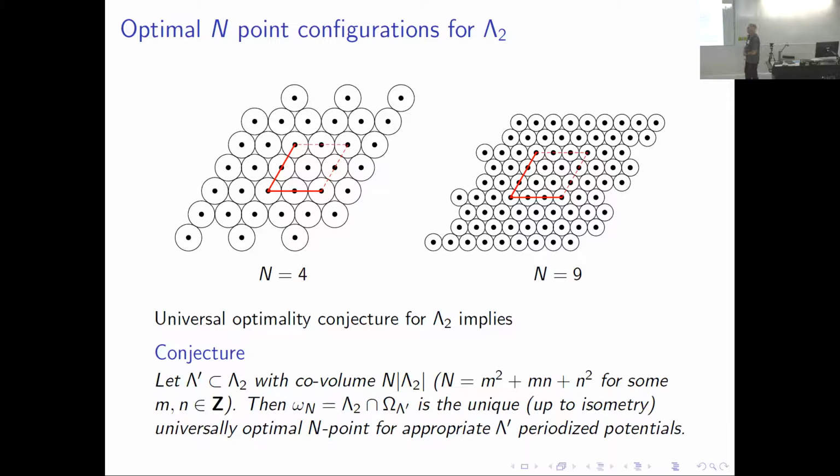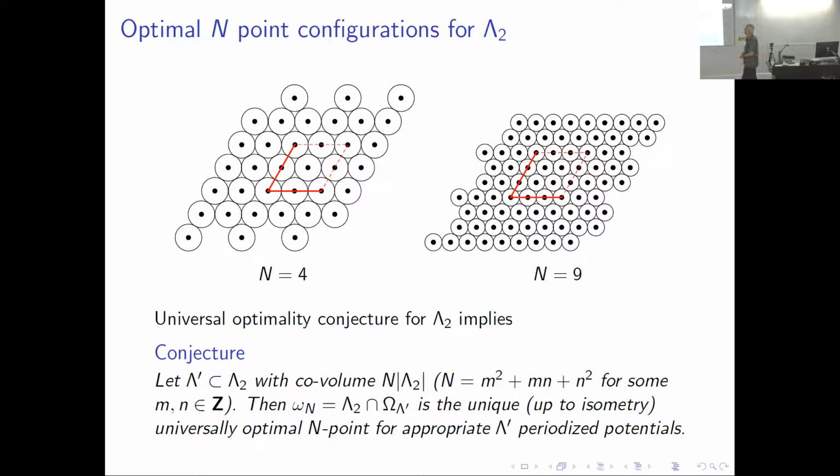If the hexagonal lattice is universally optimal in R2 in this general sense over all point configurations that have some fixed density, then in particular that applies to periodic configurations.